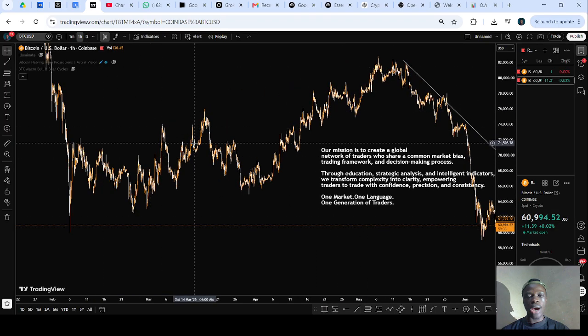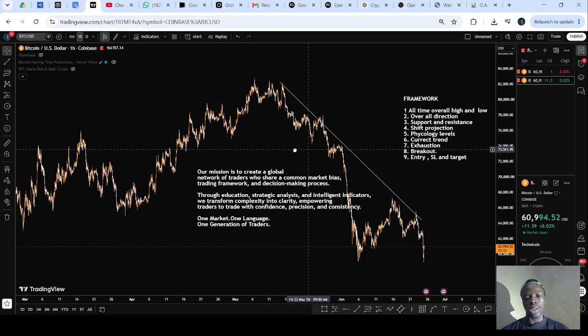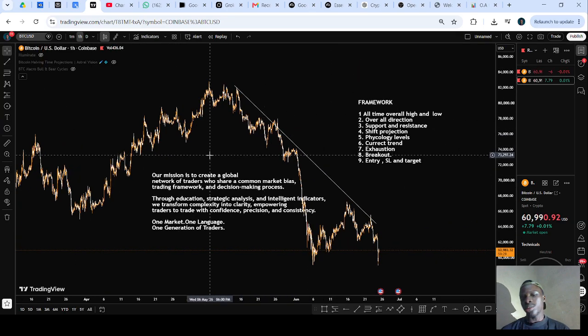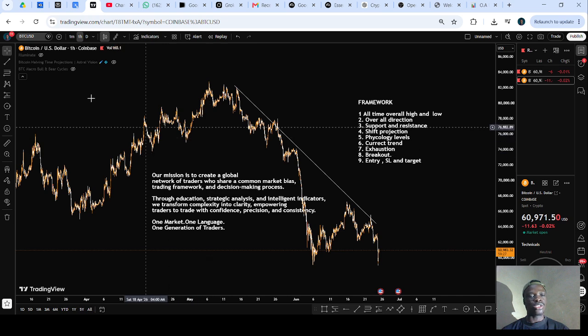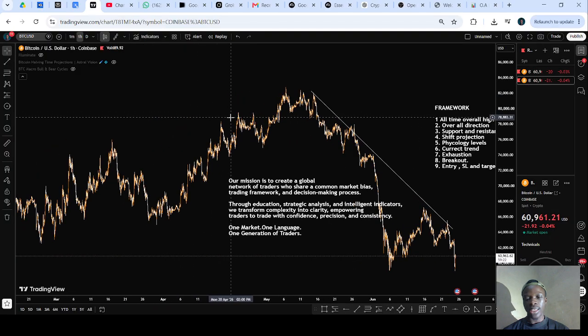So how do I map out my all-time high and low? Basically, the all-time high and low is just the extreme high the market has been to so far and the extreme low the market has been to so far.